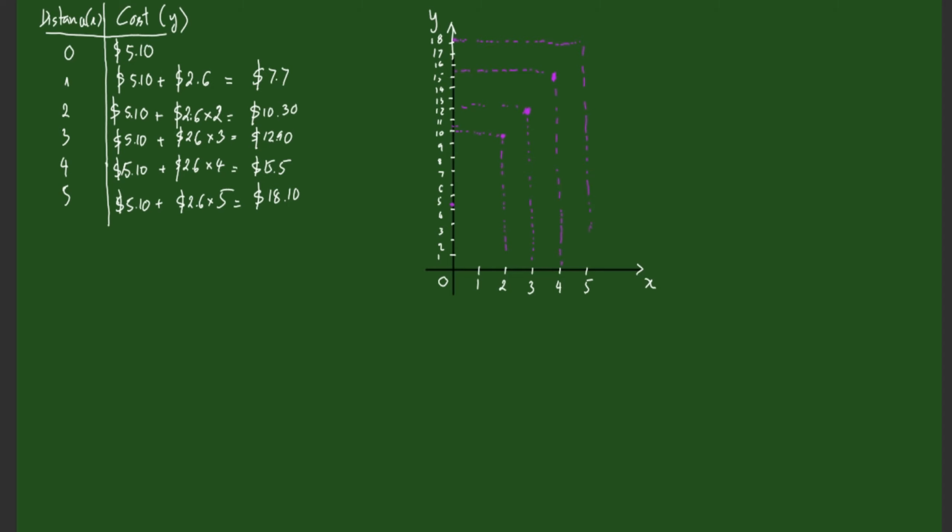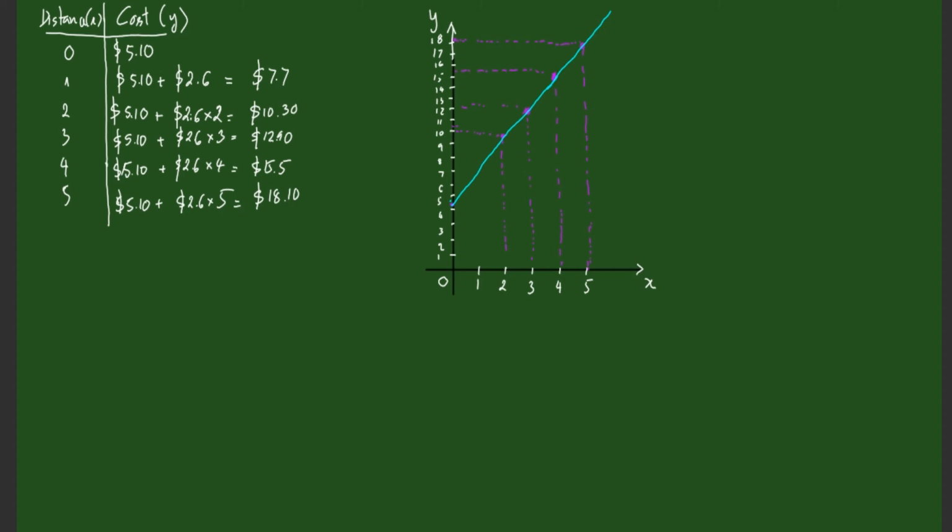And you see that if you connect all the points here, what does it give you? It should give you a very beautiful line. Oh, very beautiful. Here you go.